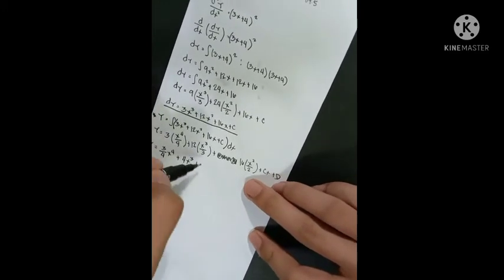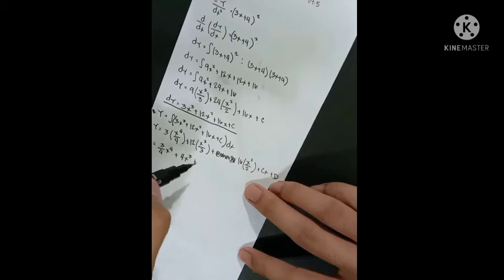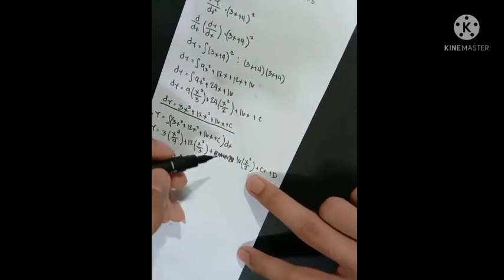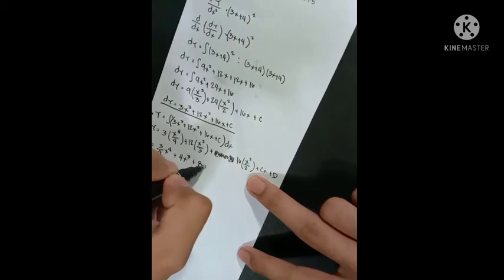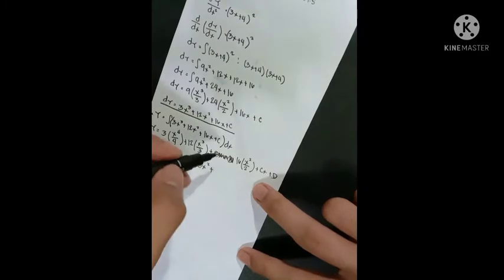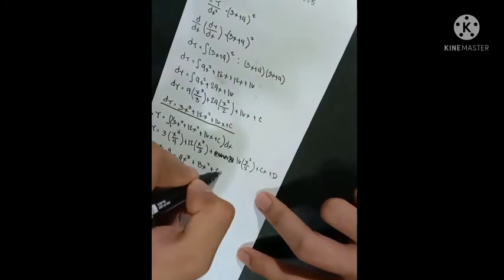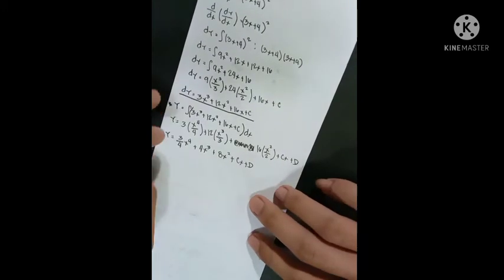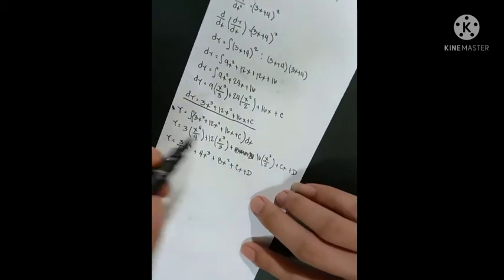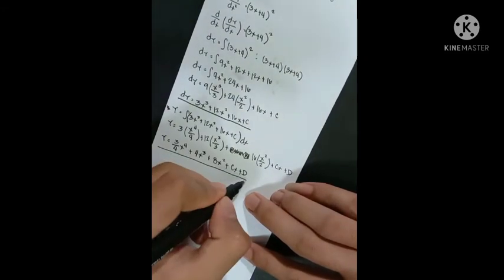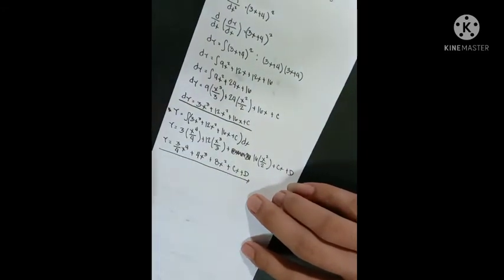So 16 divided by 2, we have 8x squared plus cx plus d. So here's our equation for our y.